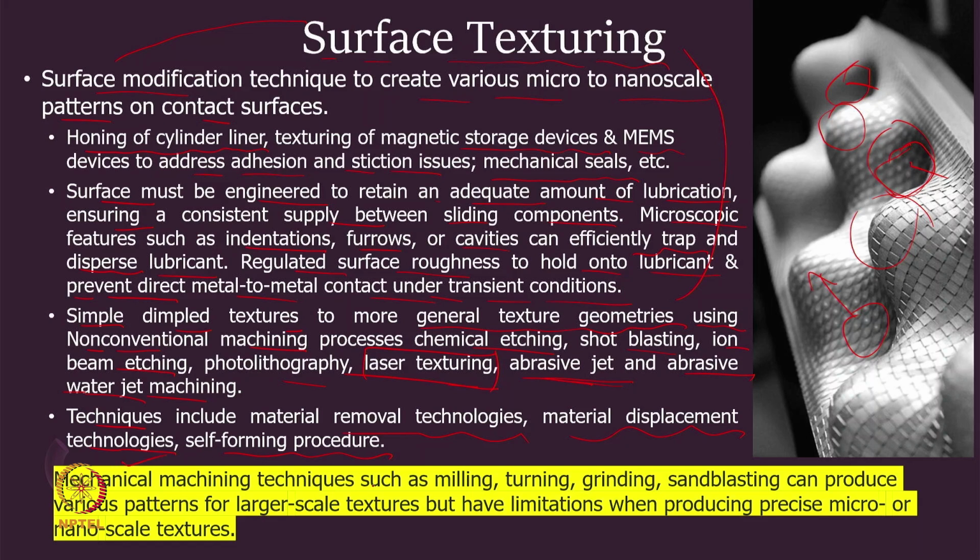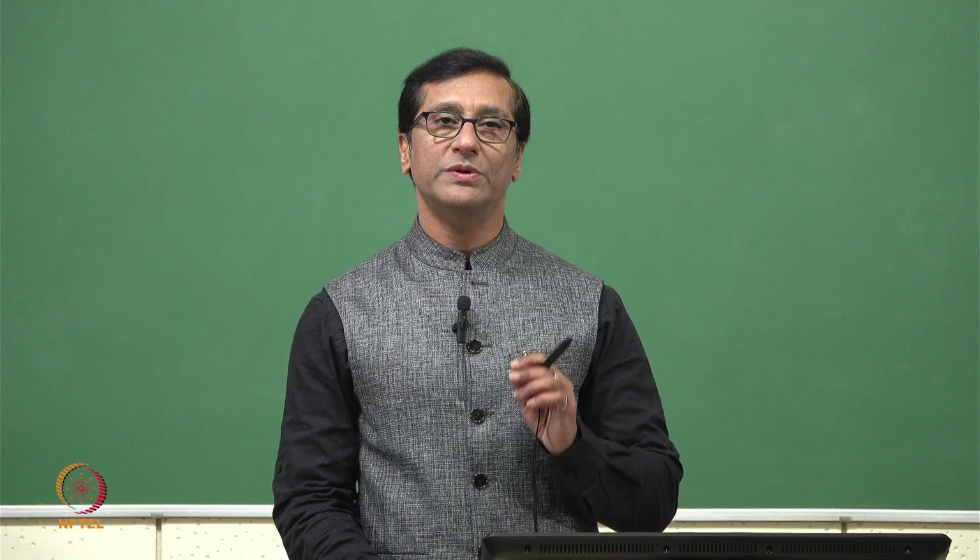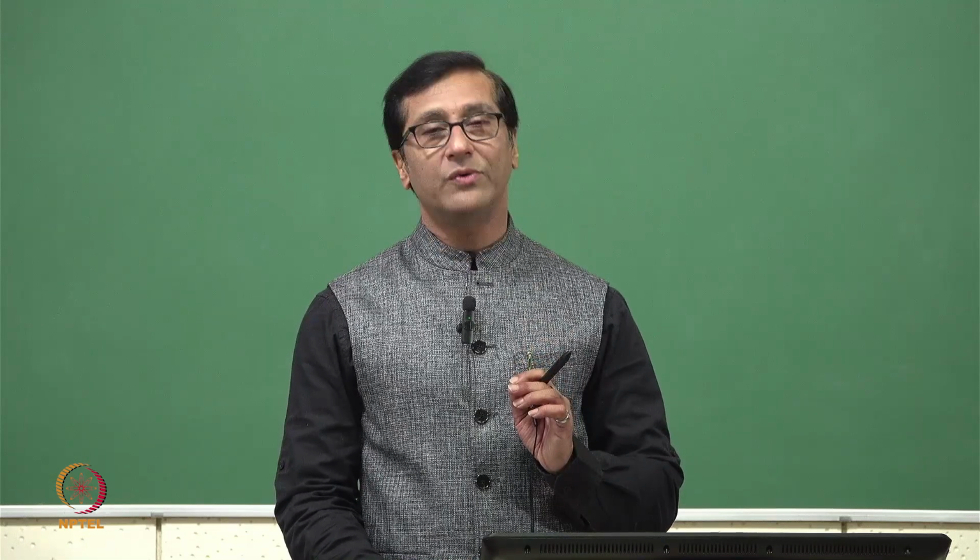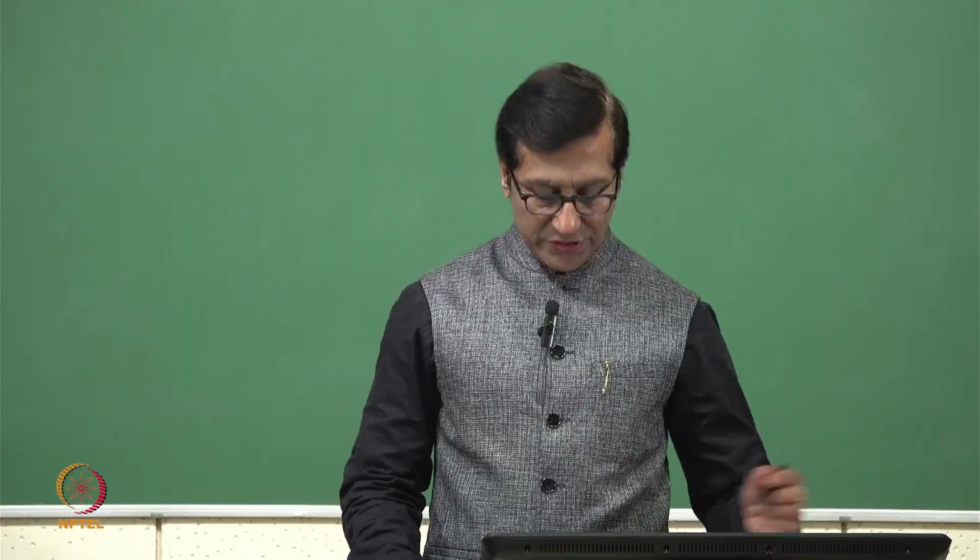The reason is that mechanical machining techniques, like say milling, turning, grinding, even sandblasting, can produce a pattern which we require, even a pattern something like this, but it is only a large scale texture, and it cannot be precisely controlled. But when we are talking about surface texturing, it needs to be precisely controlled, otherwise we will not get desirable results.